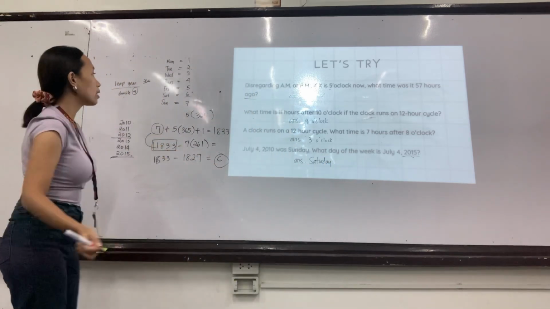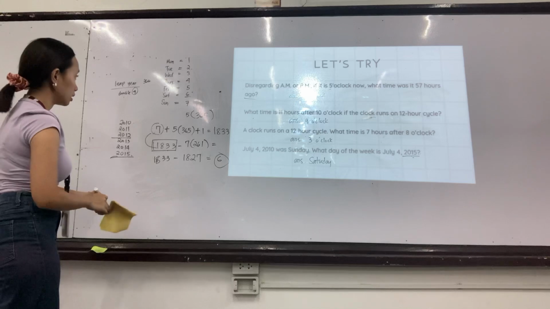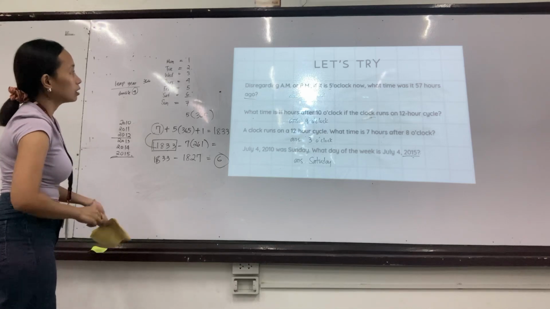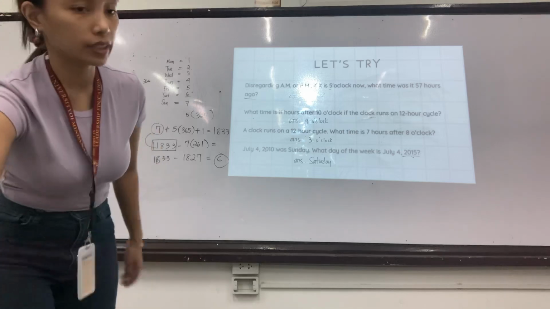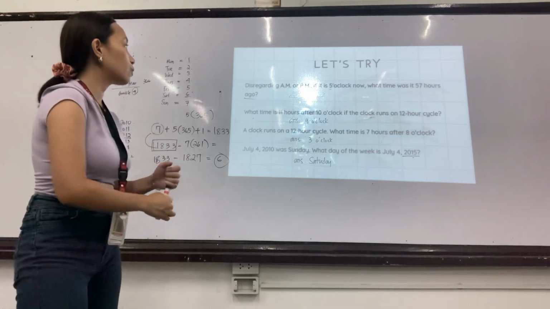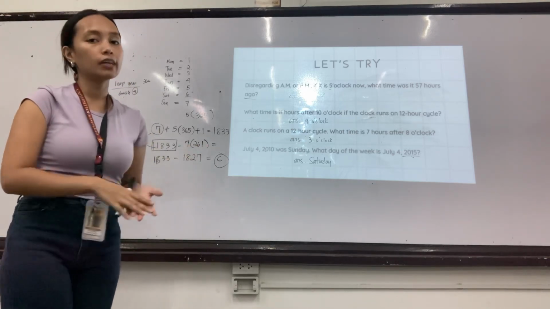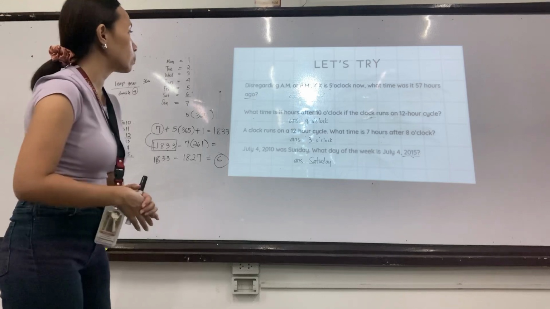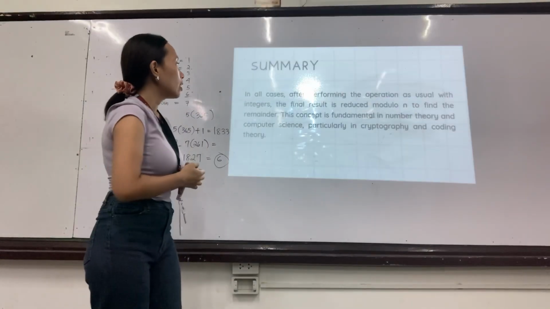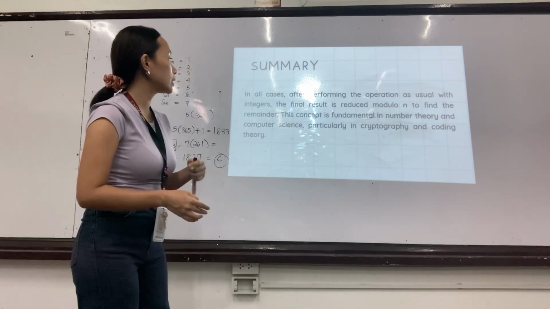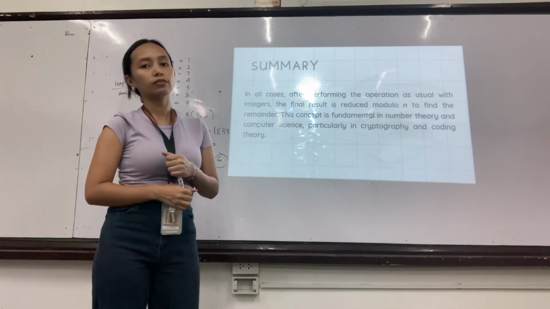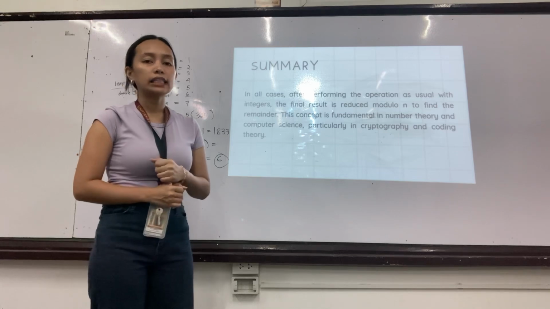Okay, so that's how you solve the different problems revolving around time and day using arithmetic modulo n. So in summary, in all cases, after performing the operations as usual with integers, the final result is reduced to find the remainder.